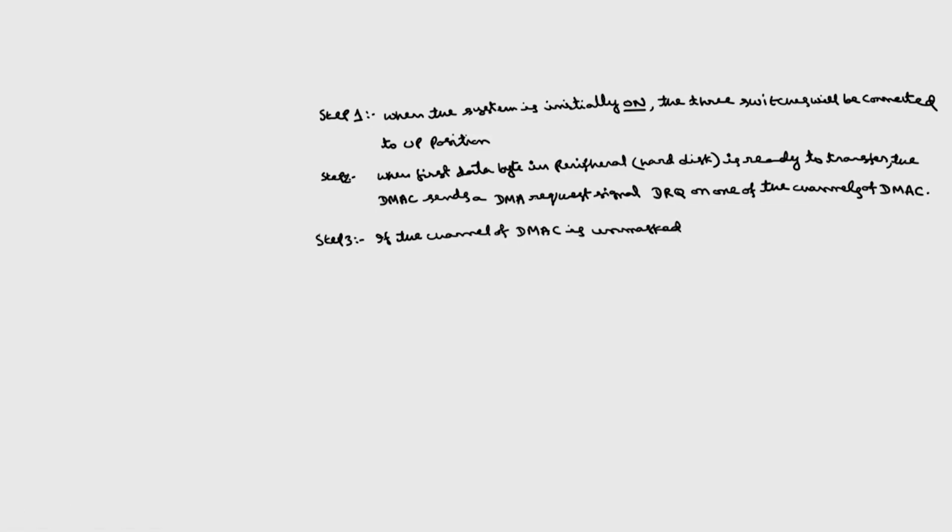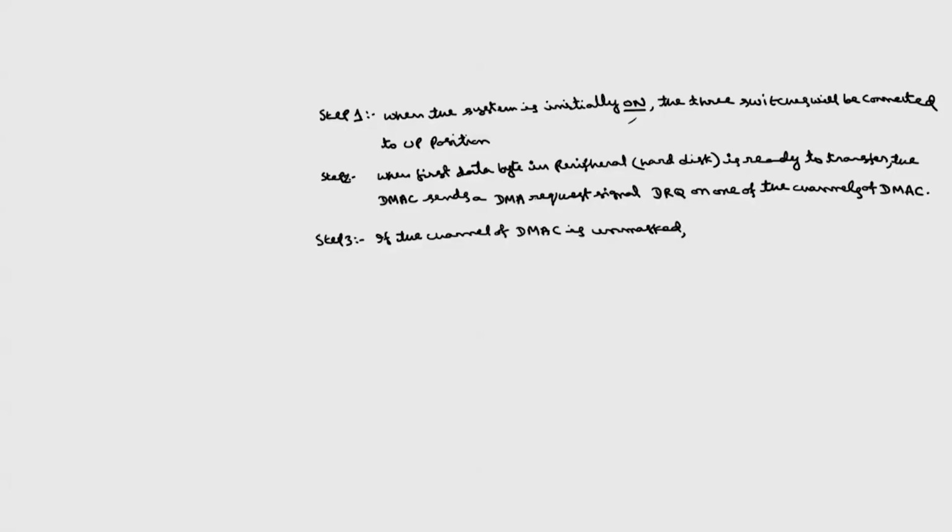If the channel on which the peripheral device has placed the request is unmasked, then in response to this DMA request, because to transfer the data the DMA controller needs the address bus, data bus and control bus, but initially the switch is connected to the up position, the buses are connected between the memory and microprocessor.